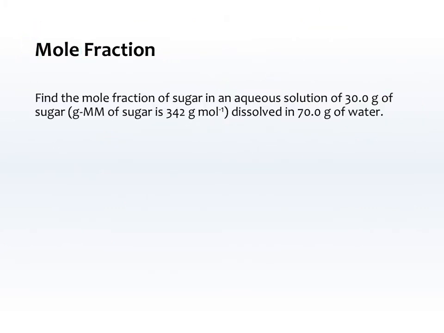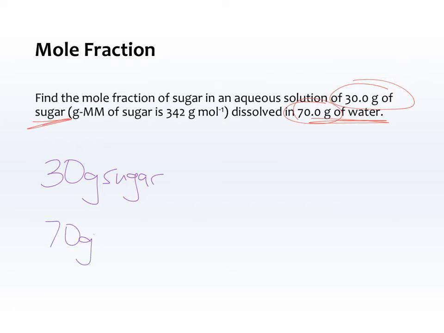So let's look at a calculation involving mole fraction. We're going to find the mole fraction of sugar in an aqueous solution, 30 grams of sugar and 70 grams of water. So what we have to do is find the moles of each of these things. We're going to take that 30 grams of sugar and that 70 grams of water and turn both of those into moles.